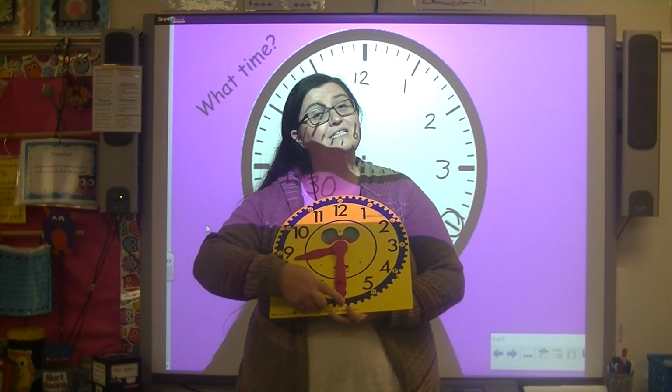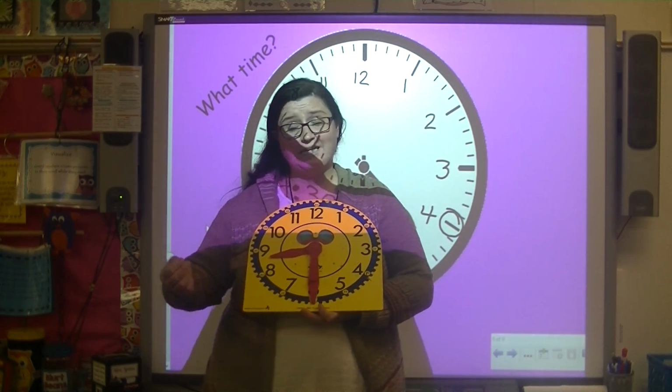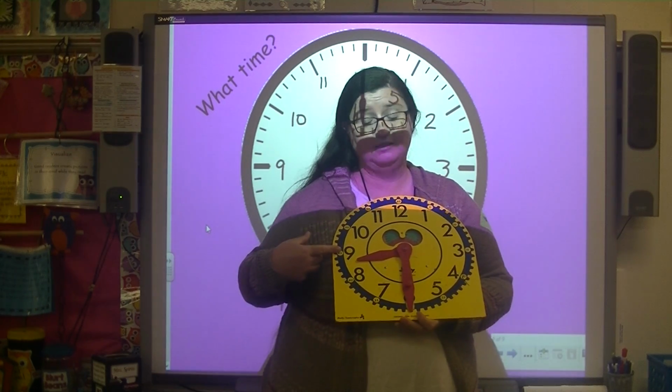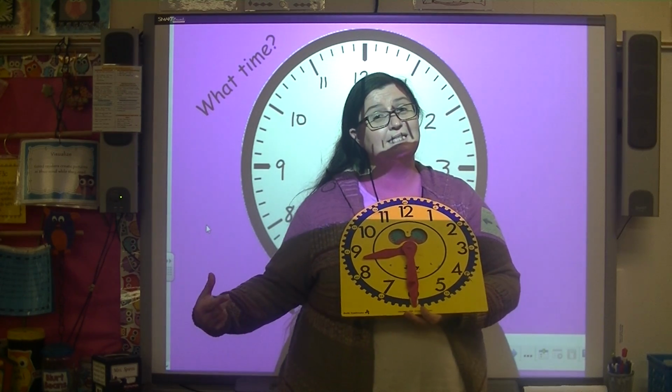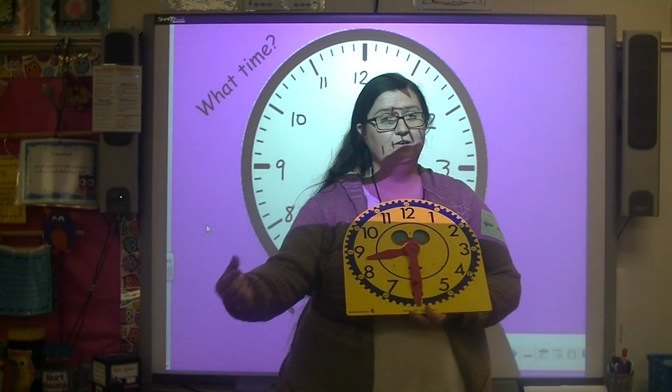Minute hand is on the 6. Hour hand or short hand is between your 8 and your 9. Halfway past that 8. Half past 8 is 8:30.